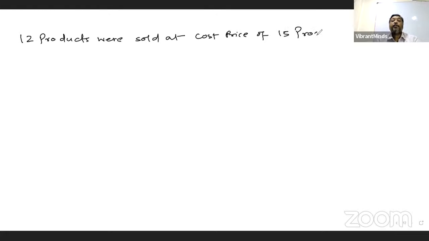Another peculiar question which you will face is, let's say 12 products were sold at cost price of 15 products. Find the profit percent.